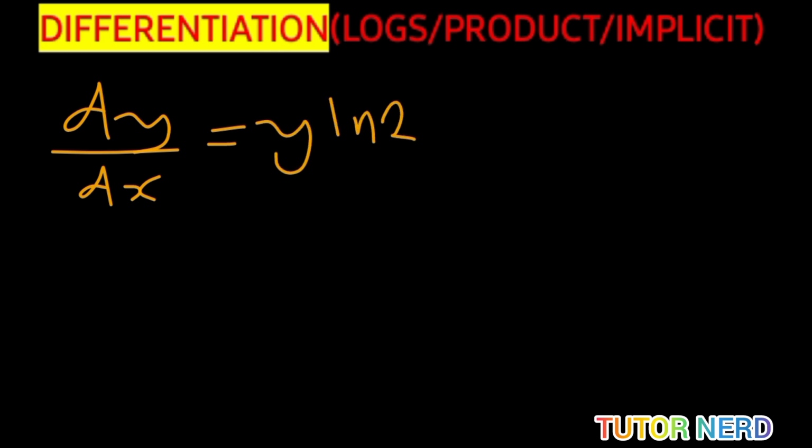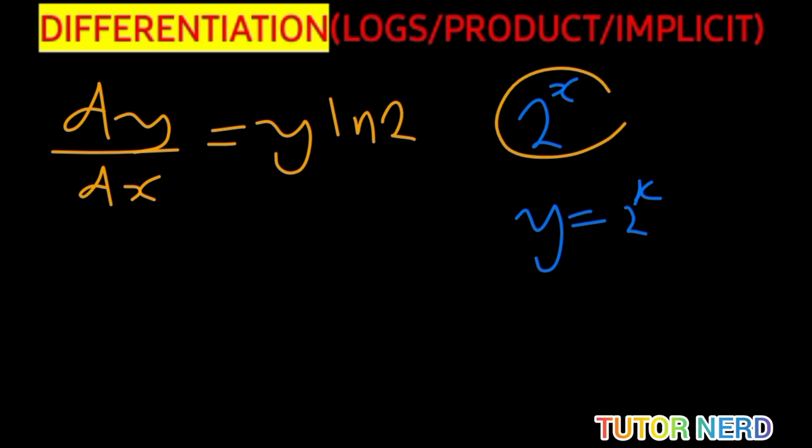Now remember, we had a function that was 2 to the power x, and then I said we are going to introduce y. With respect to this function, we say y is equal to 2 to the power x. At first, we had this, then we introduced the y and equated that y to the given function, which is 2 to the power x.